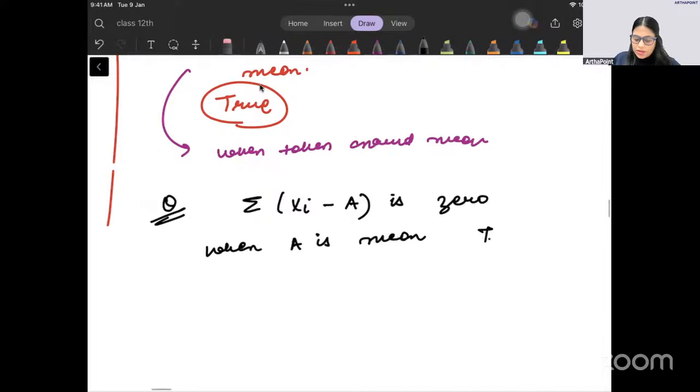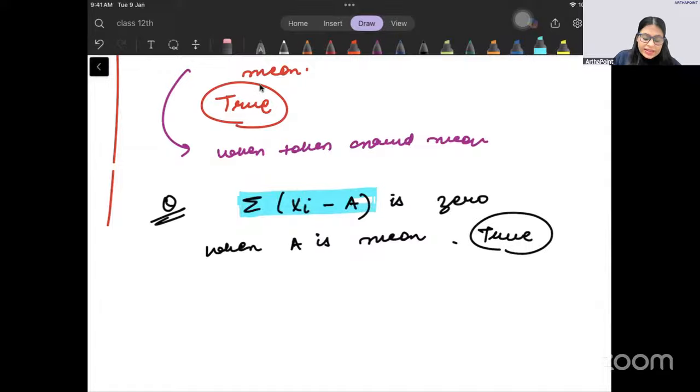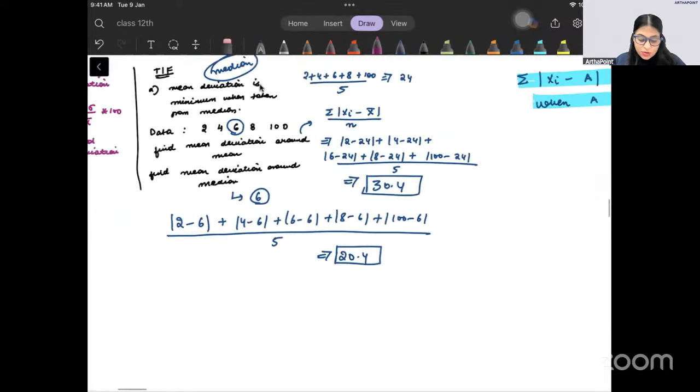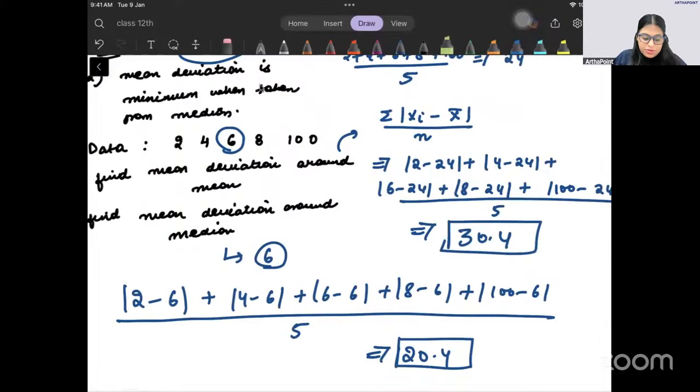Correct. True. So अगर मैं directly add करूं without taking absolute value, then the sum of deviations from mean is always 0. When there is no absolute value. Okay? But if someone gives the question about mean deviation around mean and mean deviation around median, then mean deviation around median is the least.